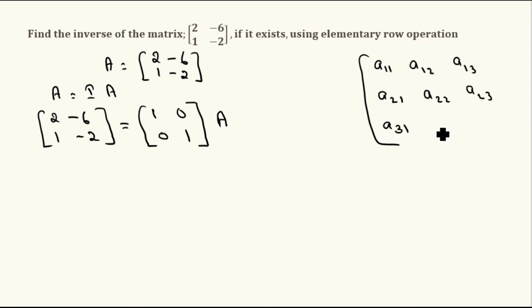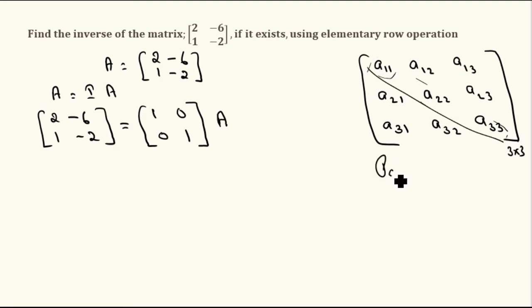Again, third row, A31, A32, A33. This is a 3 by 3 matrix, order is 3. So these are your diagonal elements, A11, A22, A33. This is called the principal diagonal.